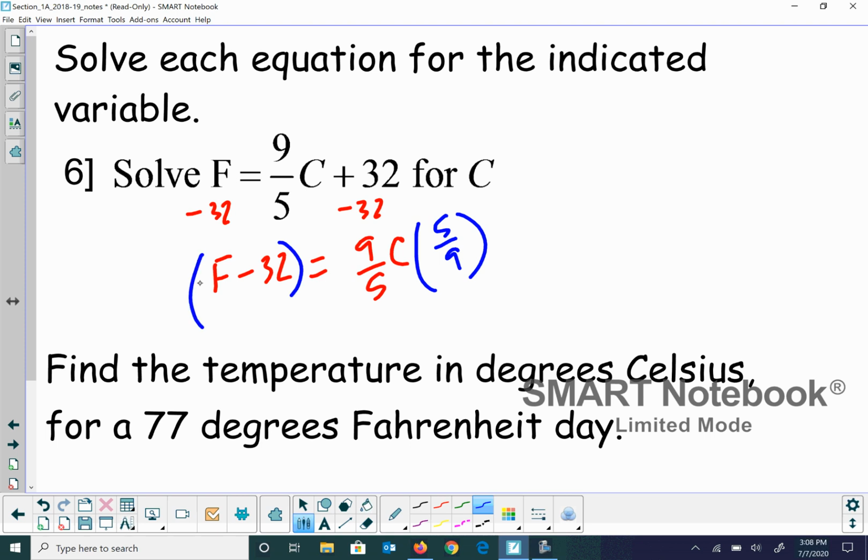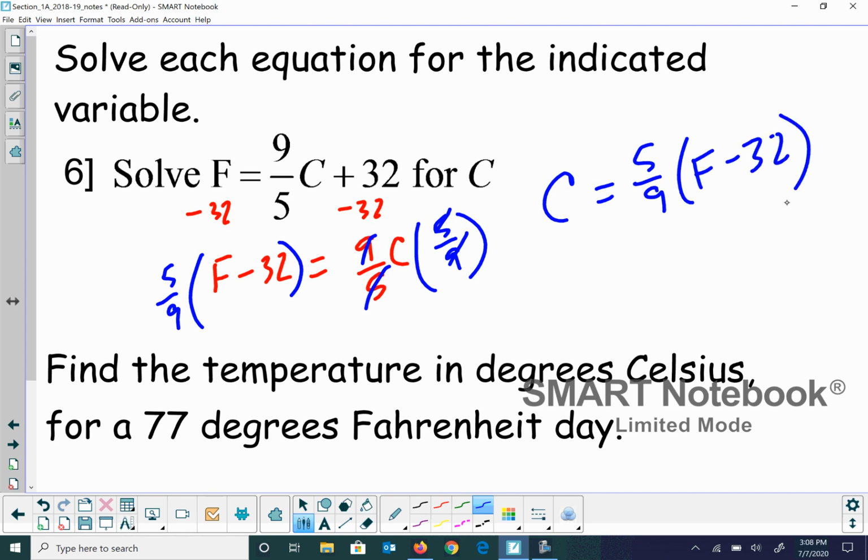And I'm just going to put that 5/9 out front. I could distribute it in, but at this point I don't think I really need to. So these cancel out. So I find that C is equal to 5/9 times the quantity F minus 32. And we can move on.